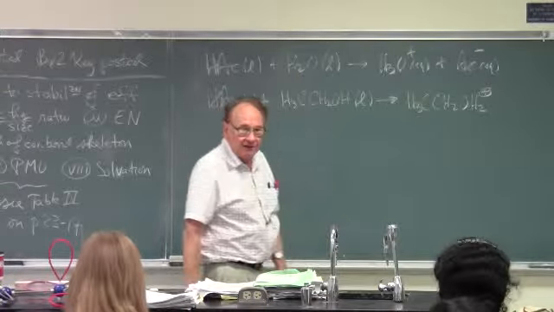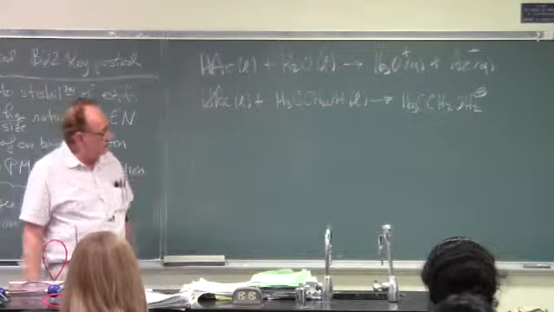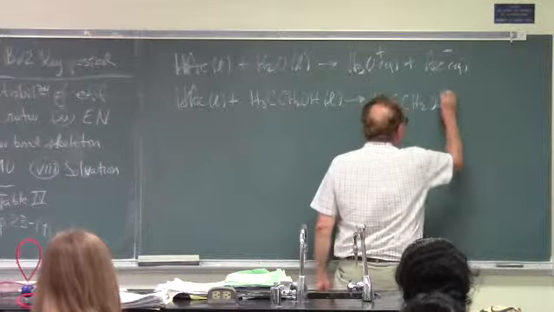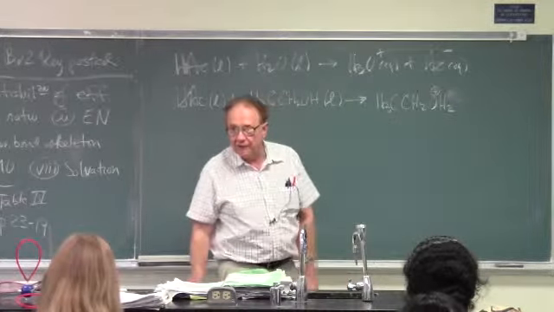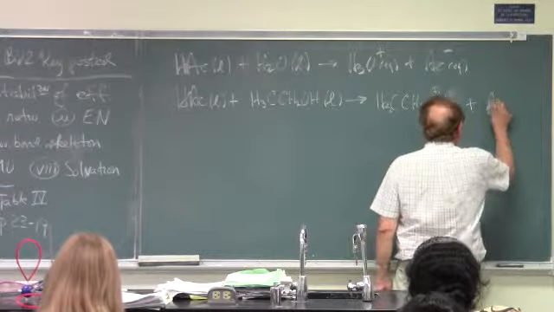And you'll make a species which formula-wise can be represented in this fashion. It would be more accurate if I put the plus on oxygen, because that's where the plus formal charge will reside. And the acetate ion.